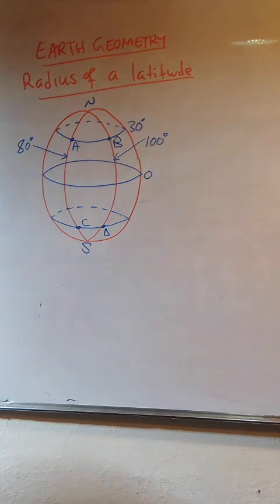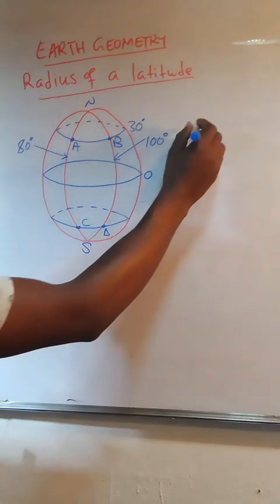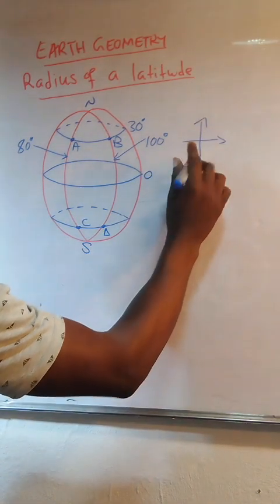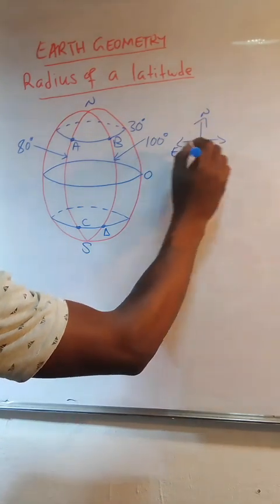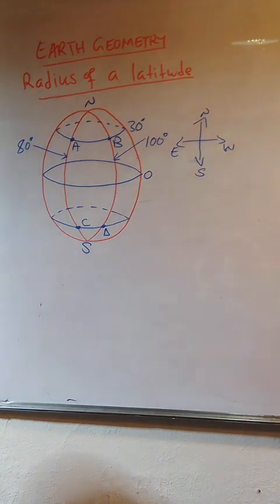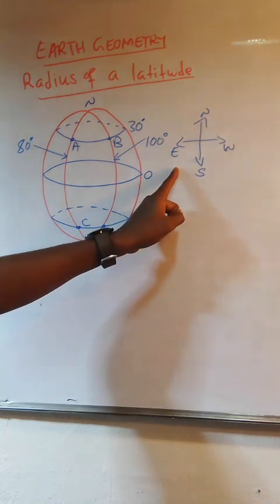So what you need to understand is that first of all, we have to know this. It is actually very important for us to understand this compass. So this part is the western, this part is the eastern, okay?